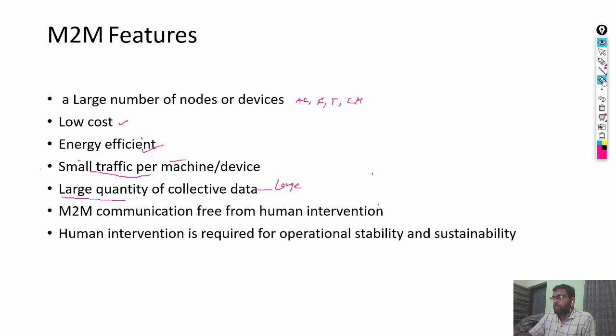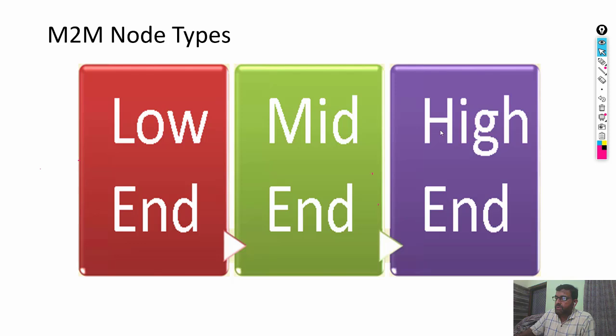So I'll continue. We have several kinds of machine to machine nodes. For machine to machine communication, we know very well what it is: a machine directly communicates with another machine without the involvement of human beings.